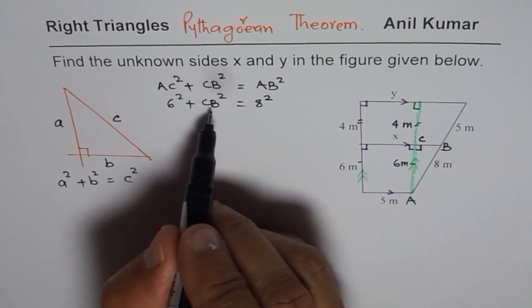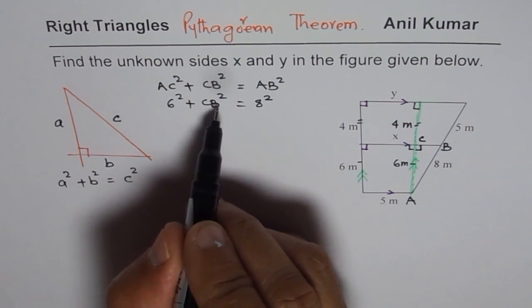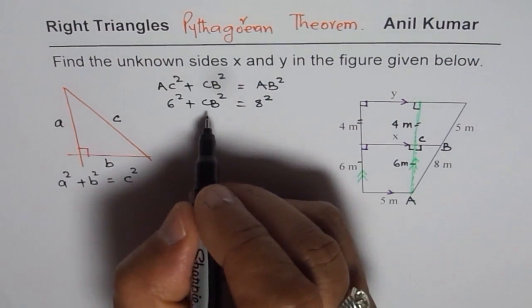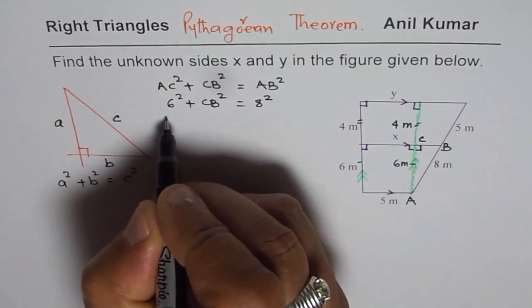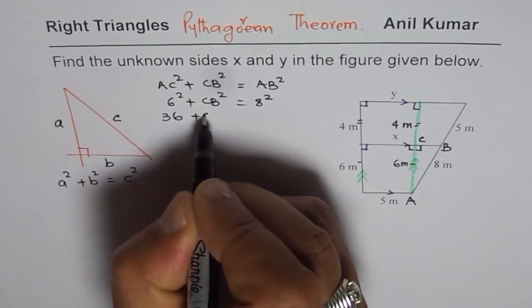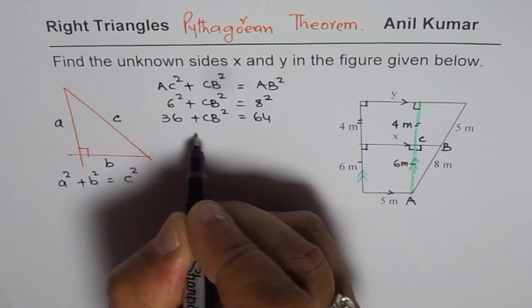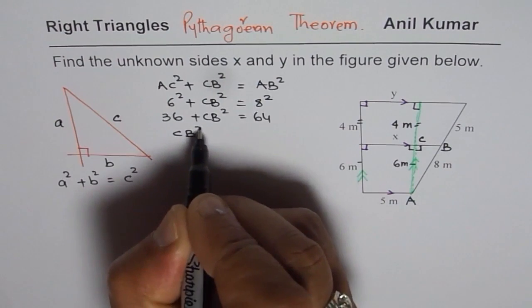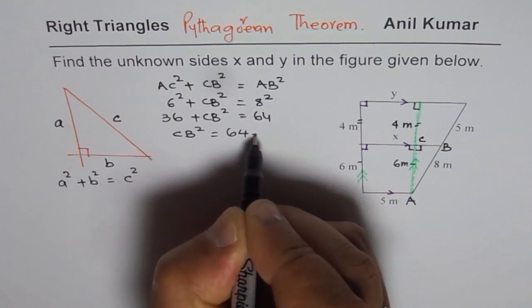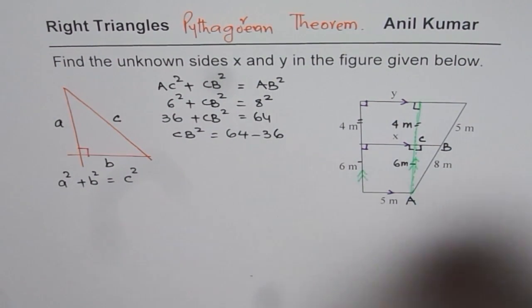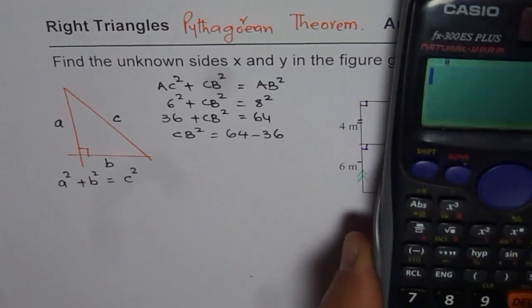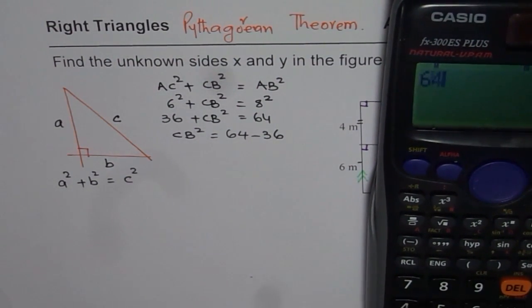Now from here we know what CB square can be. We'll rearrange. So 6 square is 36, let me rewrite. CB square is 64, and so we get CB square will be 64 minus 36, right? We can take a calculator and find 64 minus 36 is 28.